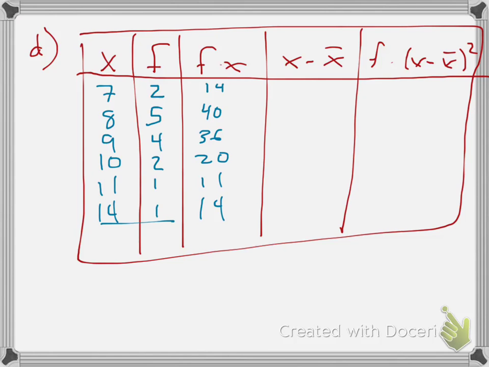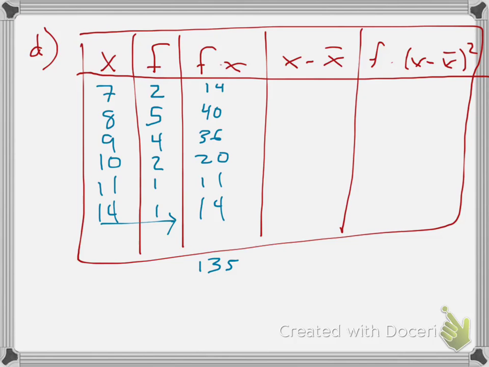I'm multiplying across as I go down. And now I'm going to add all these up. I got a 5 here, carry a 1, so that's 6, 9, 11, 12, 13, 135.